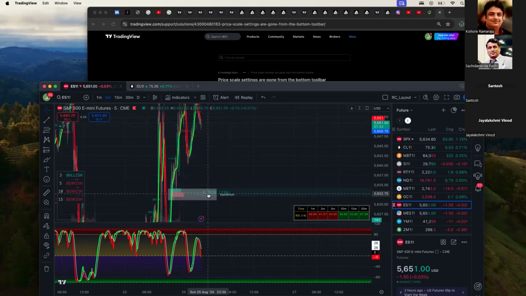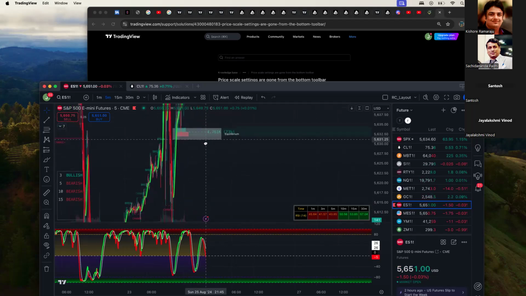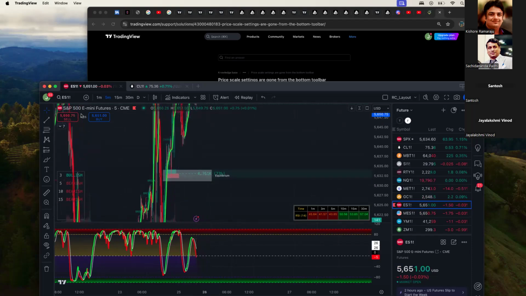Then it will break the support and it can drop. When it comes to that point, if everything is red, your 1 minute, 3, 5, 10, 15, 30, and your trend is completely red, that means there is more bearish momentum and it might break the support.